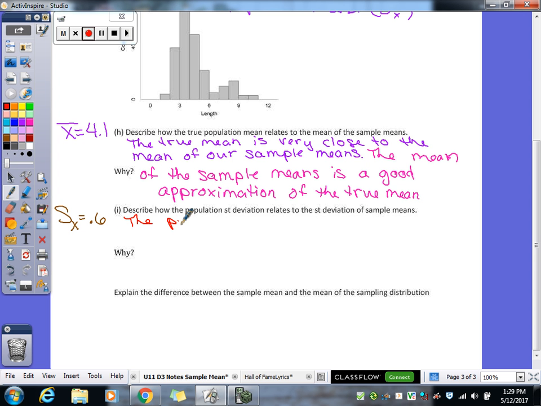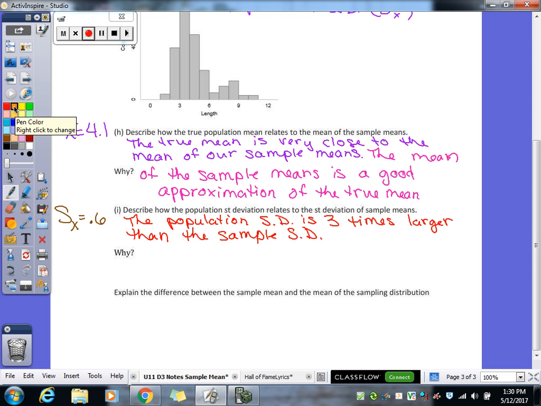So let's put that first. The population standard deviation is 3 times larger than the sample standard deviation. So that's how it relates to the sample. It's 3 times larger.